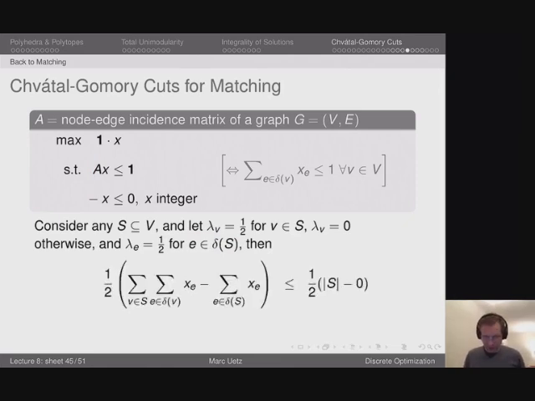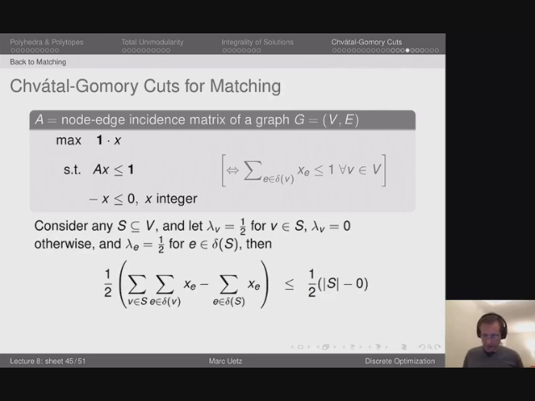Okay, so let us write down what we have. We have this factor of 1/2 everywhere. We have all the vertices in S and all the edges incident with a vertex in S, and we subtract all the edges in the cut induced by the set of vertices S. What do we have on the right-hand side?